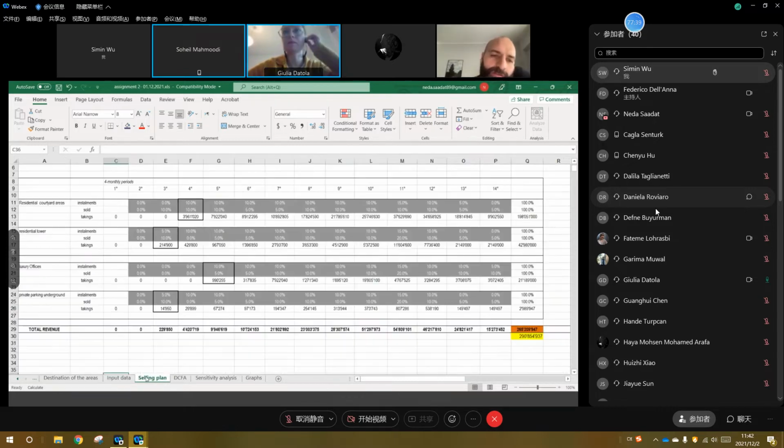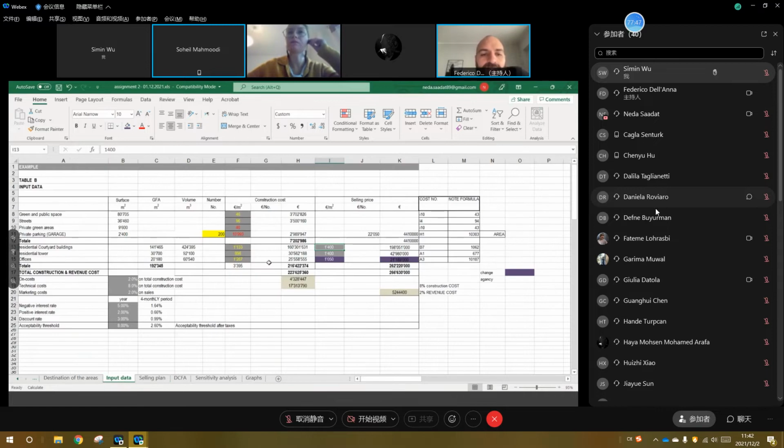Also the construction costs are very similar, so for the similar selling price, we thought that the construction cost should be similar too. Yes, it's correct.